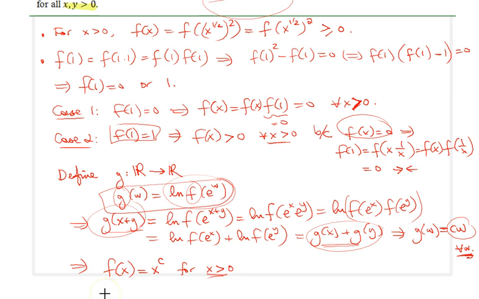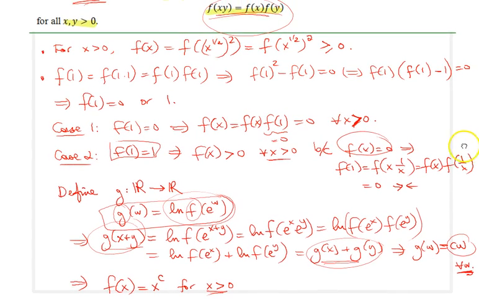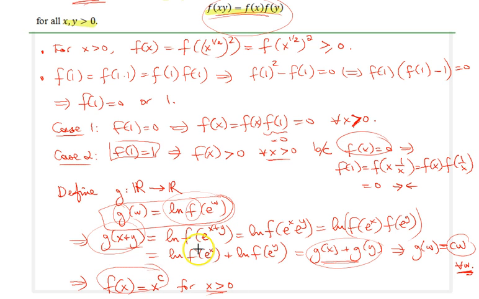So that beautifully solves this problem, and I leave it to you as an exercise to check that this solution, f of x equals x to the power c, sure enough satisfies our equation, and we're done.